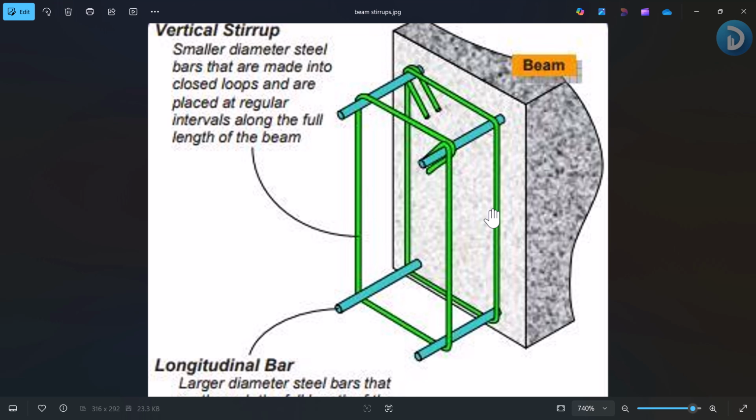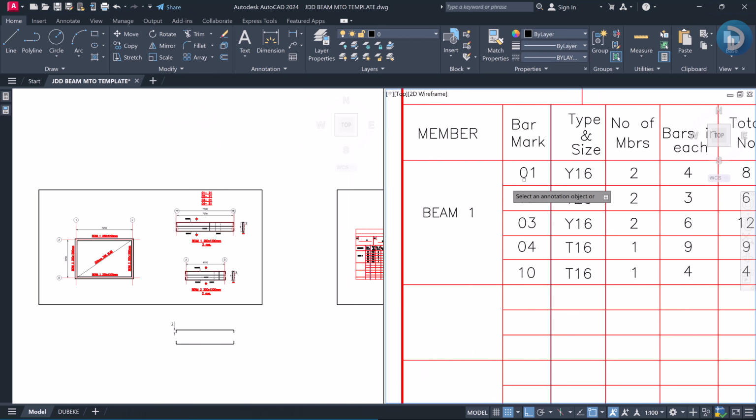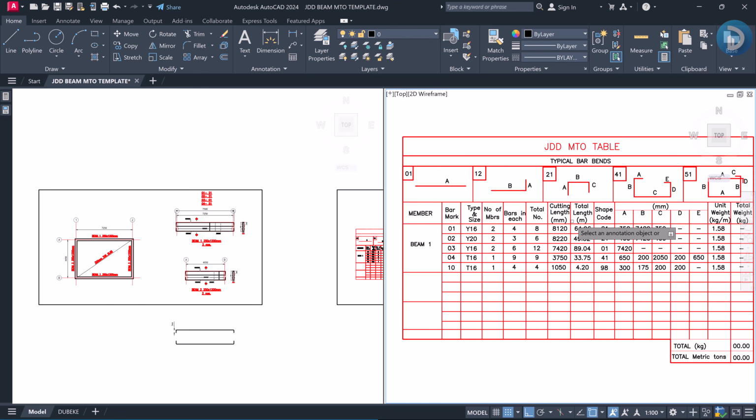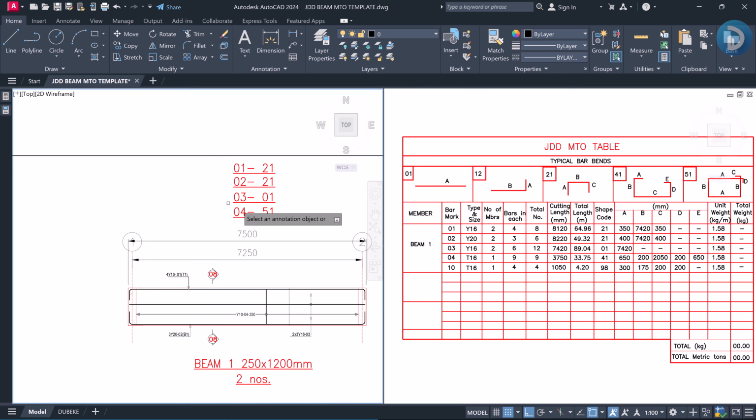It's obvious that this and this have the same length, and the bends here and here also have the same length. They can also have different lengths, but most likely they have the same length, especially this and this with this and this.